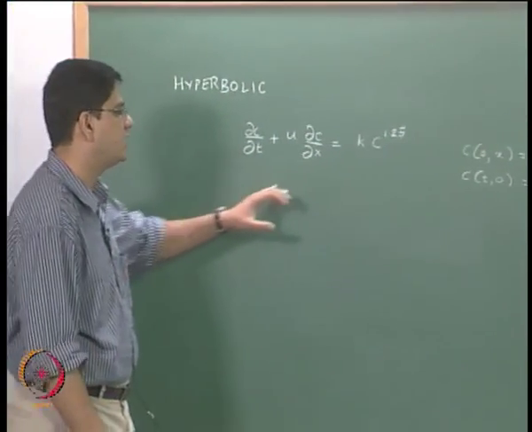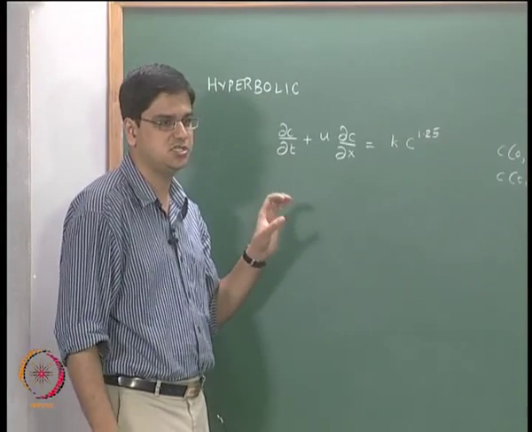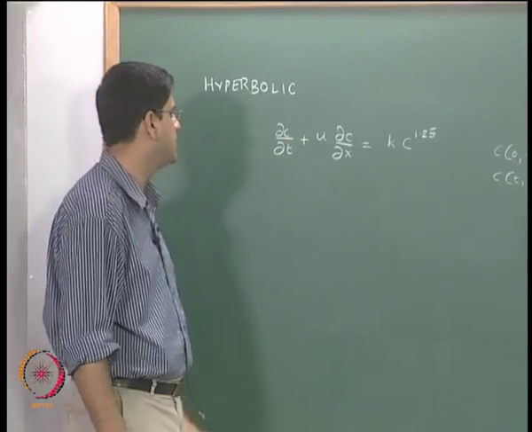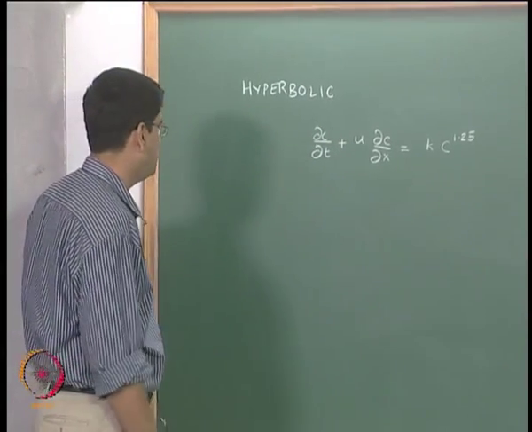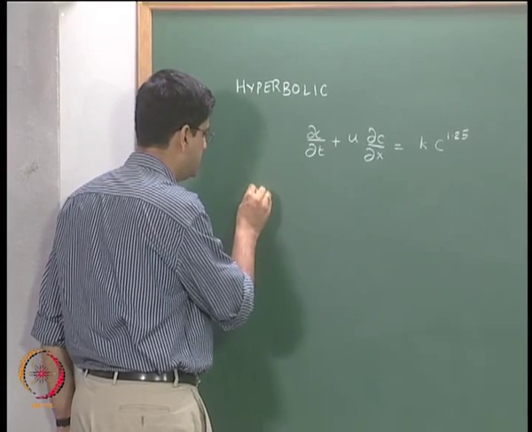And then we are going to track how, as the reaction takes place, the concentration C changes both with location and with time. So that is the example of hyperbolic equations that we are going to use, and the example of parabolic equation.